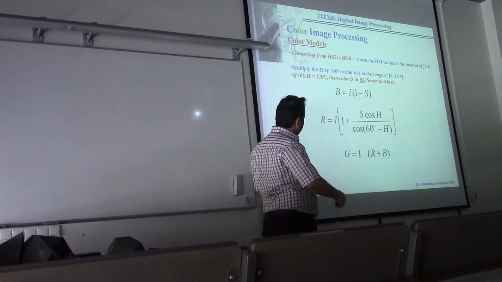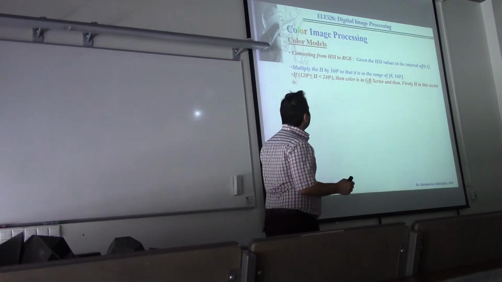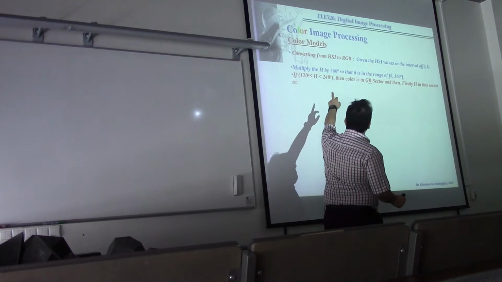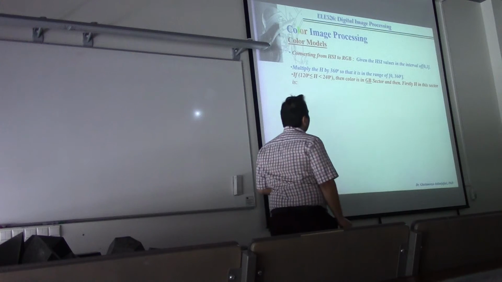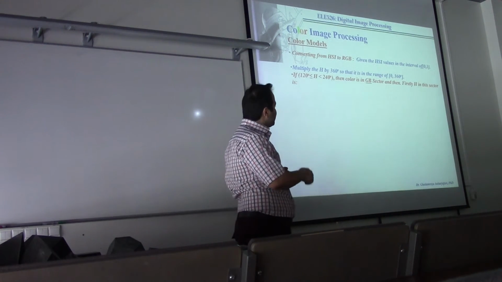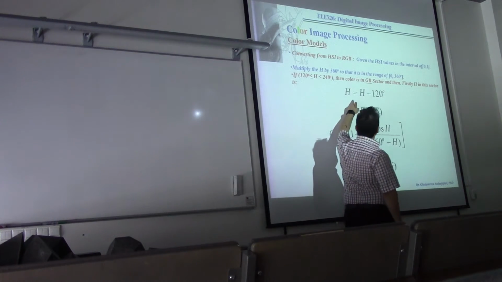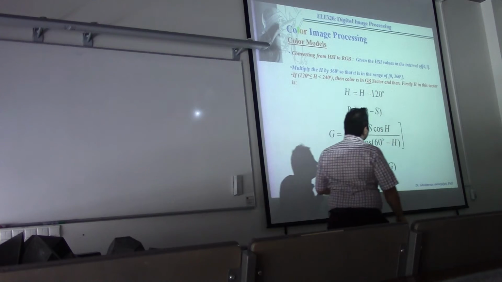Also, when the H or the hue is between 120 degrees and 240 degrees, first we have to set H equal to H minus 120 degrees.